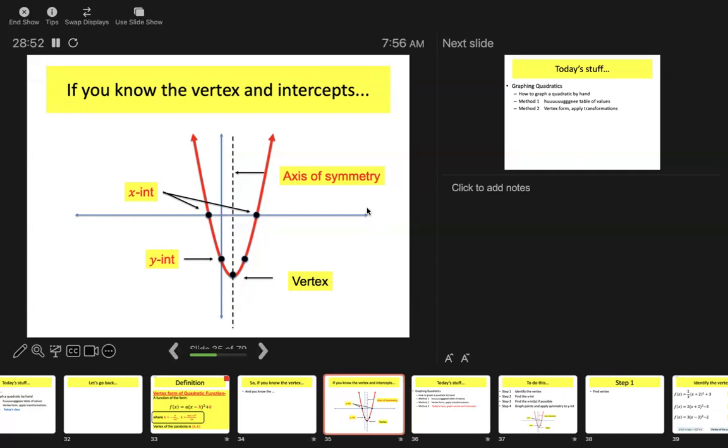If the y-intercept is 1 unit away from the axis of symmetry, then it's got a partner 1 unit away on the right side. Do you get the point I'm making? Okay, cool. So if we can find the x-intercepts, the y-intercept and the vertex, then we can get some other points for free with no work involved. You do have to find the x and the y-intercepts, but we already know how to do that as well.